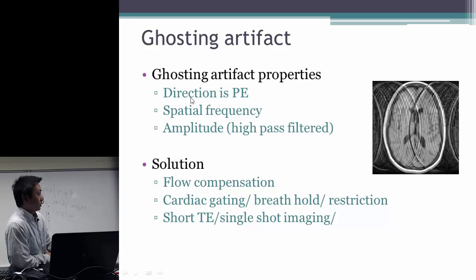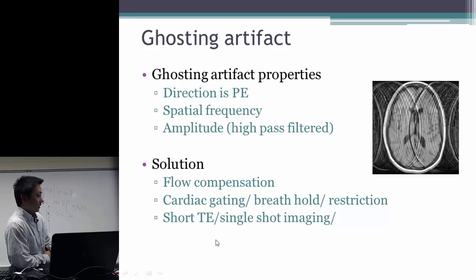So for the solution to remove or reduce the ghosting artifact, of course, first we need to do a good flow compensation, so that there is no phase inconsistency in the K-space. And for the bulk motion induced ghosting artifact, we can also do cardiac gating.